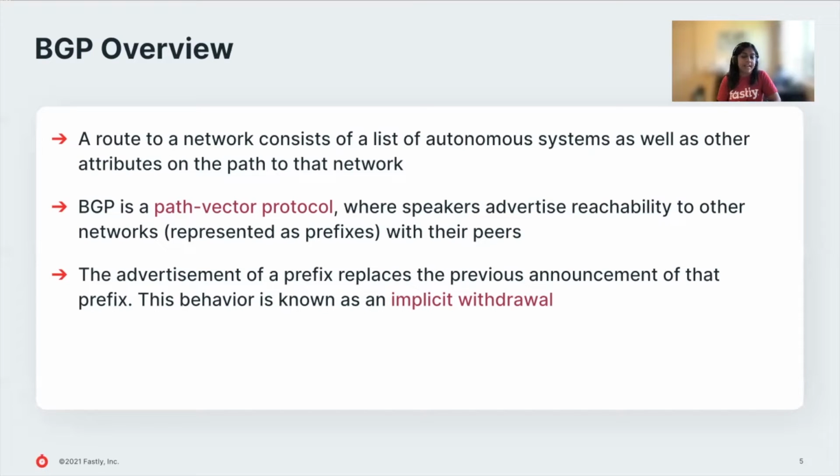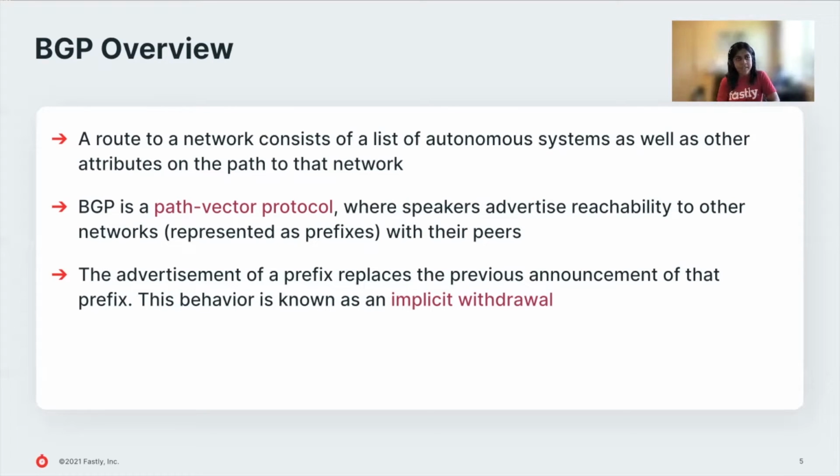These advertisements, again, have nuances. For example, if a node has advertised a prefix and a path to reach that prefix, and at a later time it changes the path, then that automatically withdraws the previous announcements for that prefix.